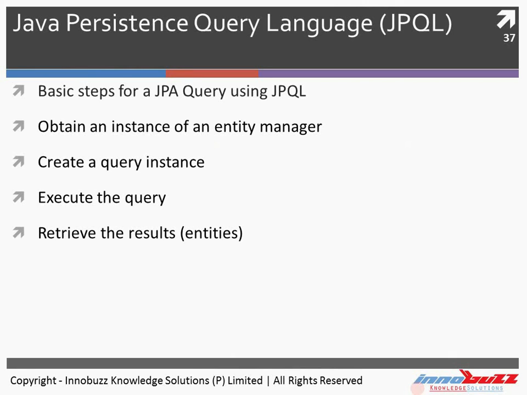You just need to create an instance of entity manager and then a query instance and also use the methods available in entity manager. As discussed earlier, we have find method, persist method, remove method. So all these methods can be used for performing the operations and then finally execute and retrieve the result. These are the simple steps for any JPA query which can be used in Java persistence query language along with entity beans.